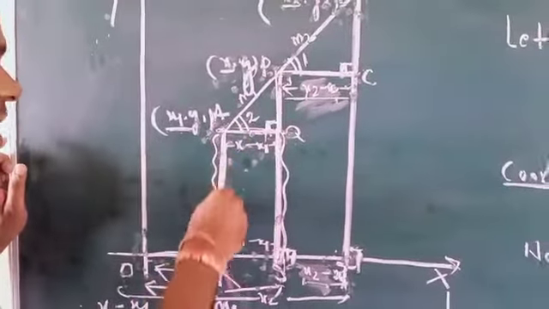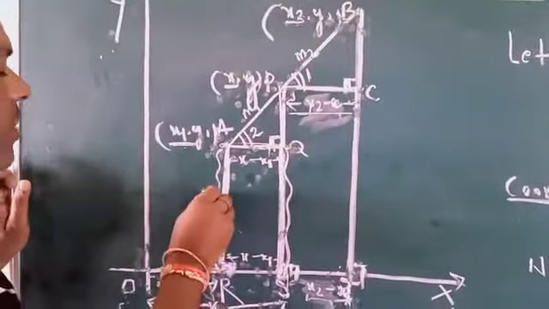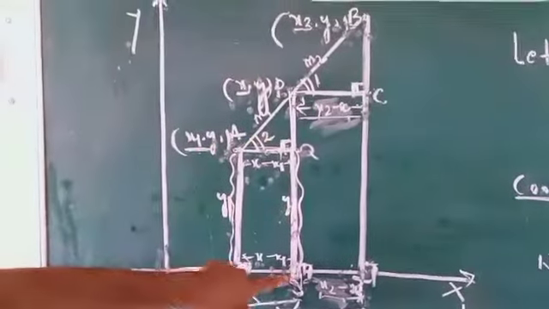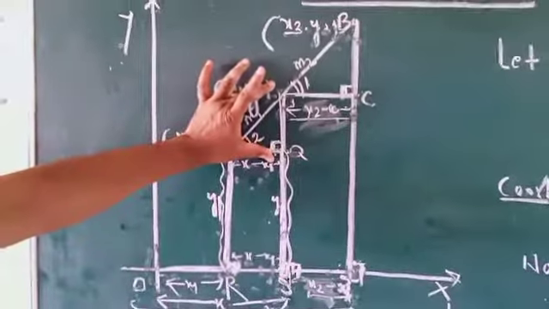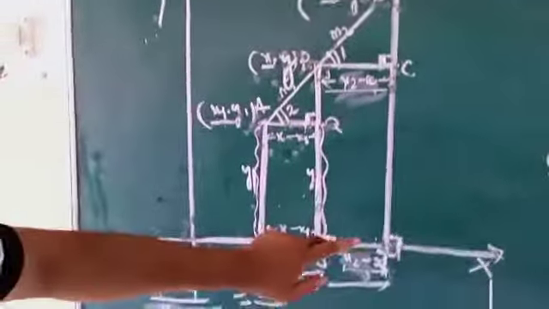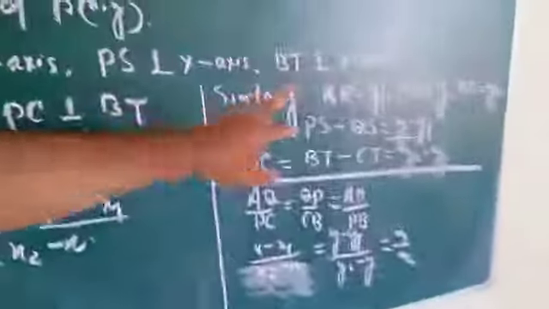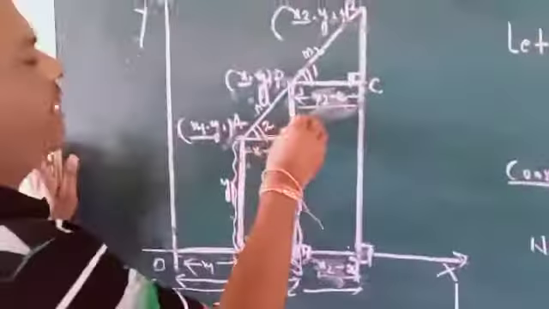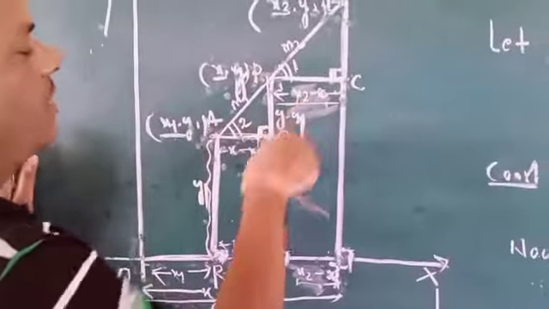AR is y1, so QS is also y1. So PQ is PS minus QS, equal to y minus y1. So PQ is equal to y minus y1.